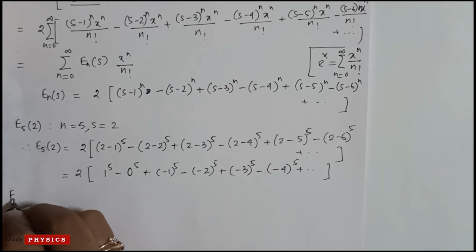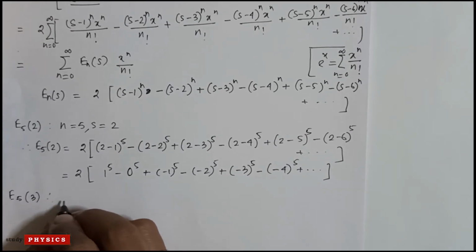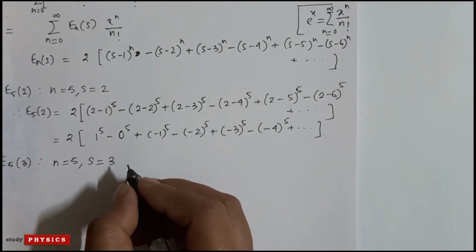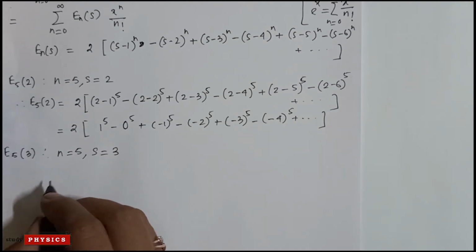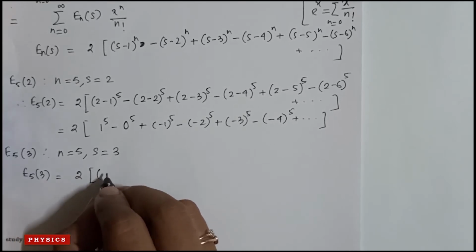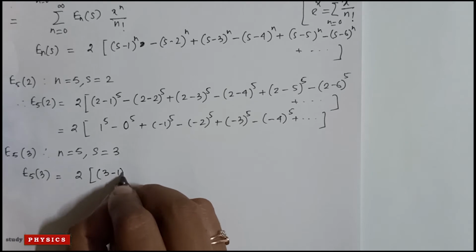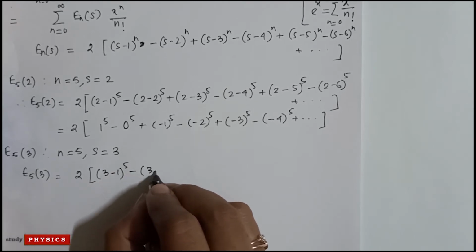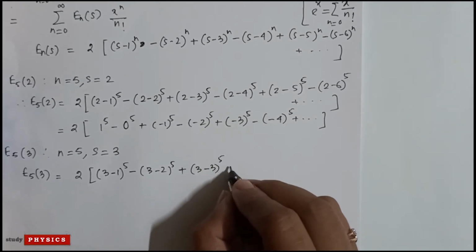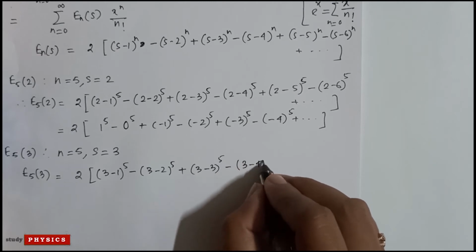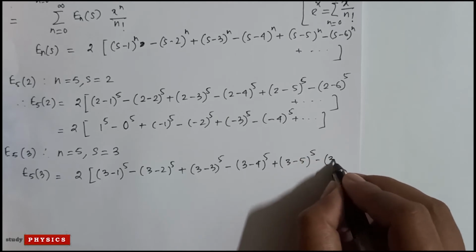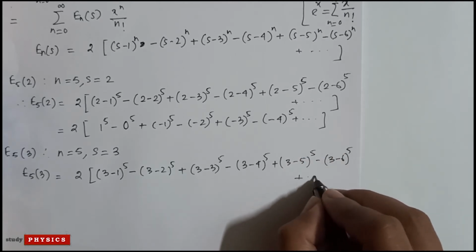And now E(5,3). So here n equal to 5 and s equal to 3. So for this, E(5,3) is 2 into (3 minus 1) to the power 5 minus (3 minus 2) to the power 5 plus (3 minus 3) to the power 5 minus (3 minus 4) to the power 5 plus (3 minus 5) to the power 5 minus (3 minus 6) to the power 5, and so on.